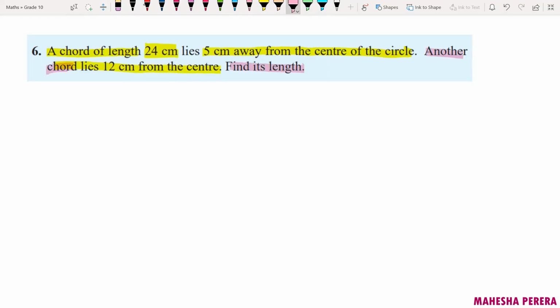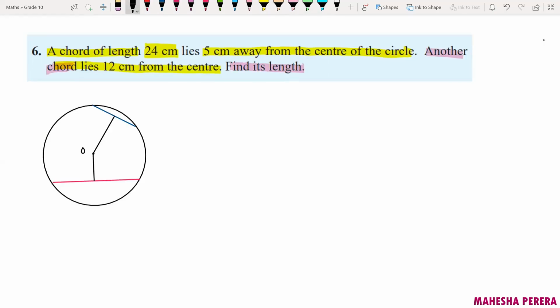Right, let's draw a diagram now. Right, now here is our center O. Right, this pink color chord is the chord that lies 5 centimeters away from the center. So I'll mark here 5 centimeters. Right, and what's the length of this chord? 24 centimeters.